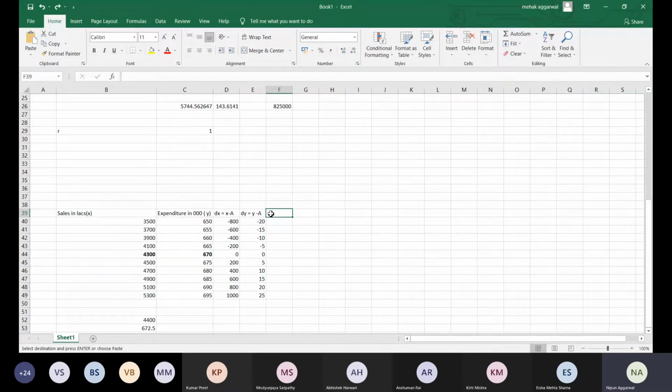So you can take 200 common from this. So dx dash you can create by dividing dx by 200, so that -800 will change into -4 only. -4, -3, -2, -1. And from this you can take 5 as the common, so that is also reduced.